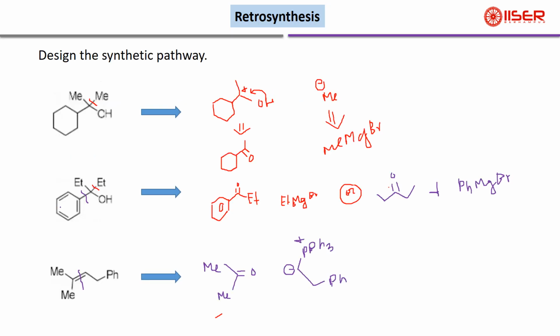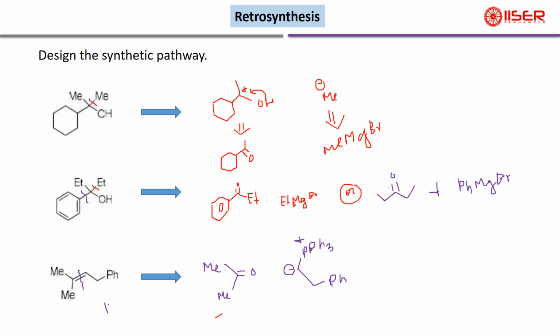PhCH2MgBr, we can do that with a Grignard reagent as well. For that, you have to use this acetone and then the Grignard. But this way is also possible. Actually, retrosynthesis can be done in various pathways; whichever you want to design, whichever is favorable based on the reaction conditions.